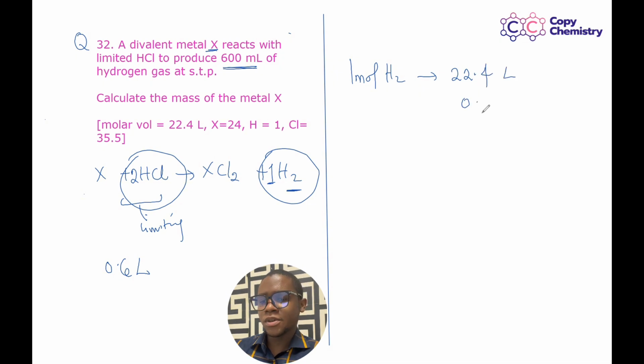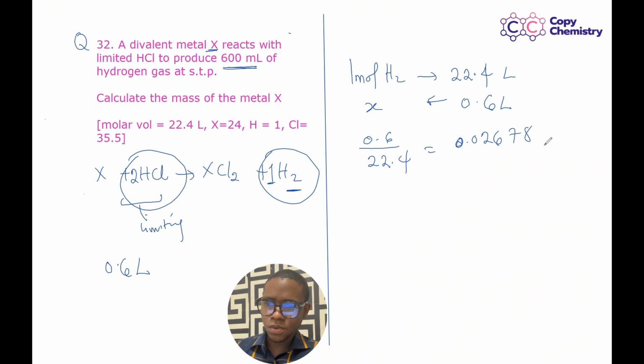So if it's 0.6 liters we're dealing with, it means that the number of moles of hydrogen gas that's produced should be 0.6 divided by 22.4, and that should give us 0.02678 moles of H2. So that means that's what was produced.